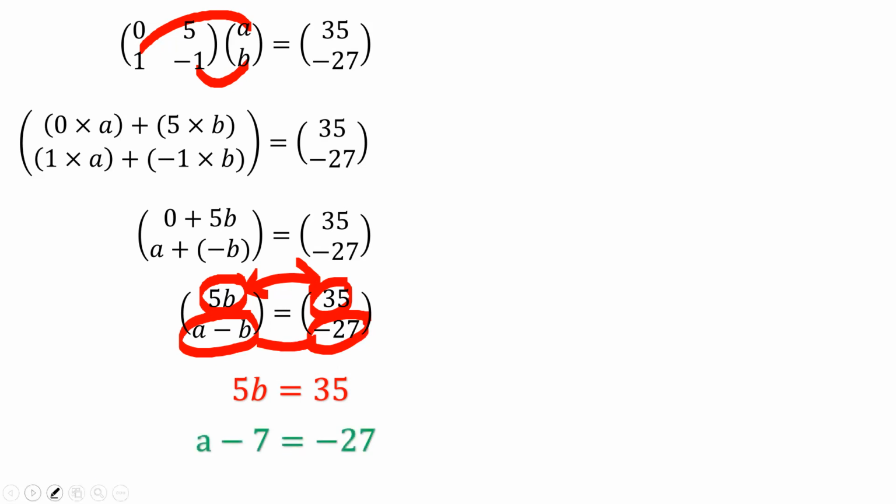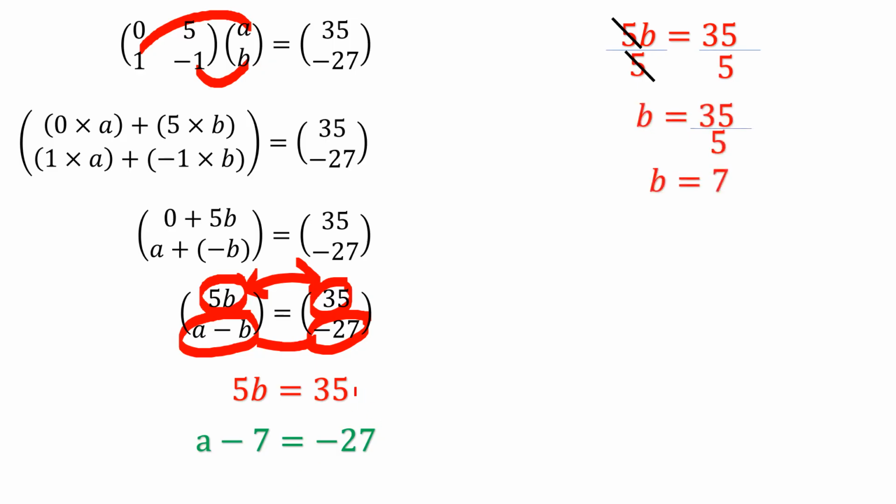So now we have these two equations, and we're going to use them to solve for B and for A. Let's use the first equation, 5B equal to 35. If we divide both sides by 5, we cancel that 5, and we're left with B is equal to 35 divided by 5, so B is equal to 7.